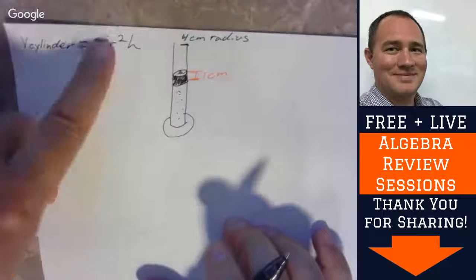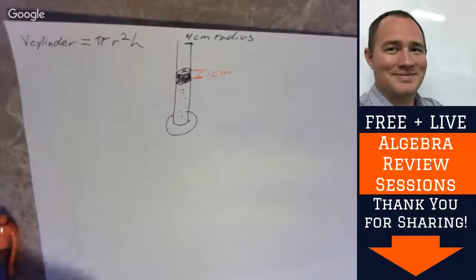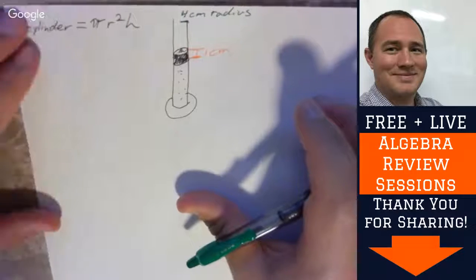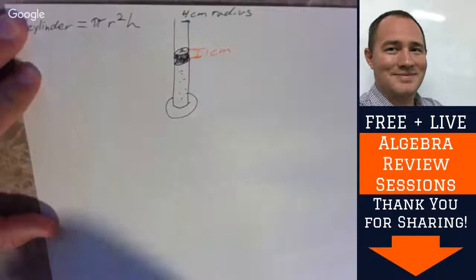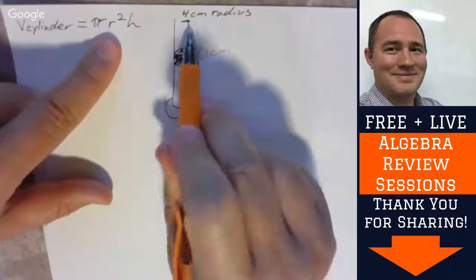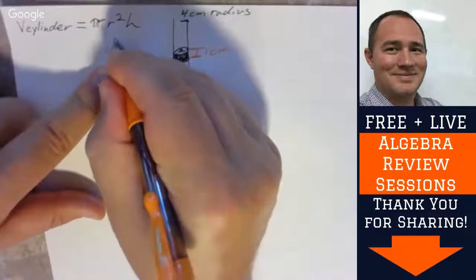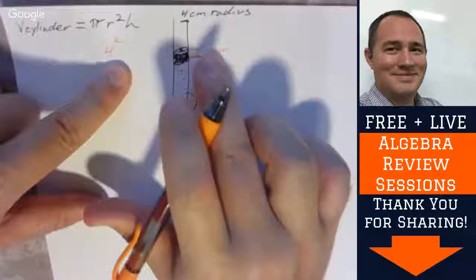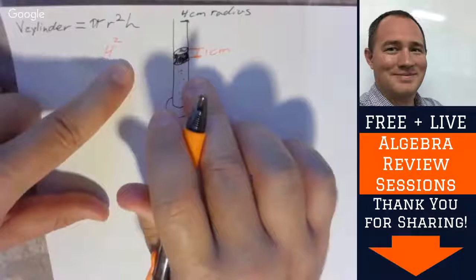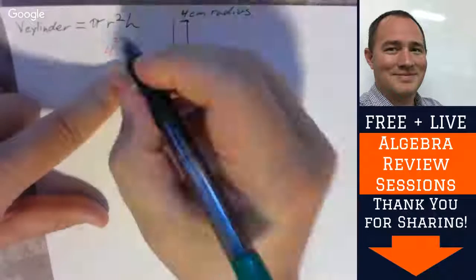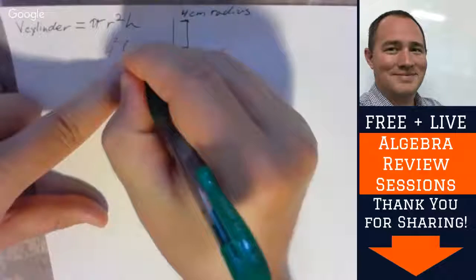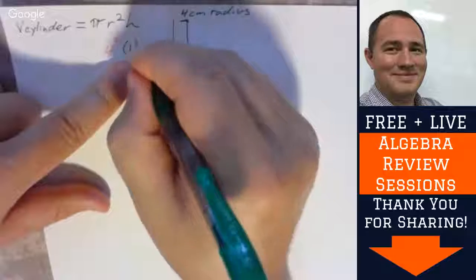So now we can start to plug these into the formula, correct? So I'm going to put 4 in where the radius would go. And I will put 1 in for height. That's like the height of this tiny cylinder that was the change in the volume of the liquid. Sorry about that.